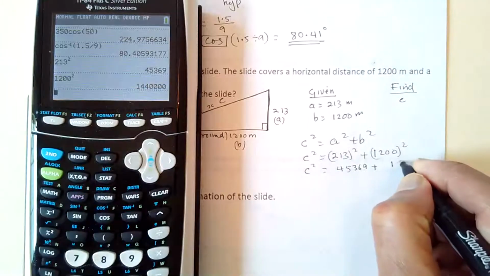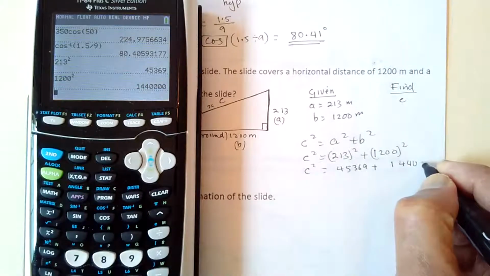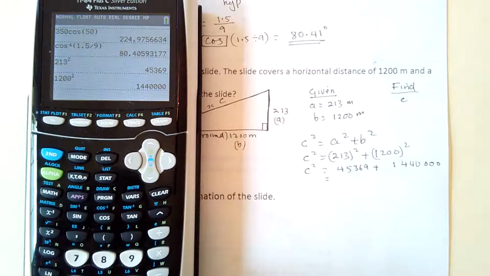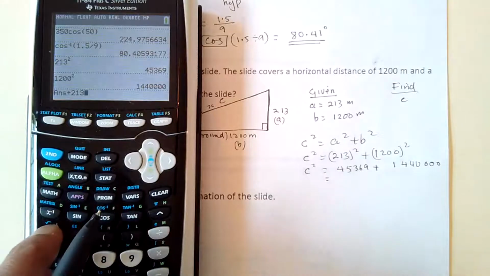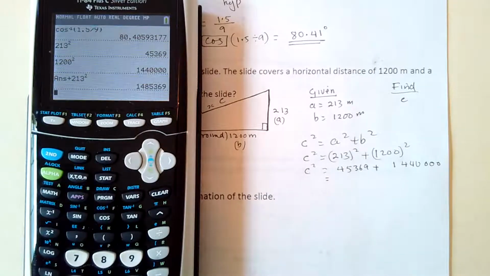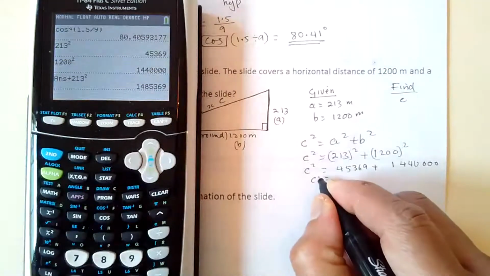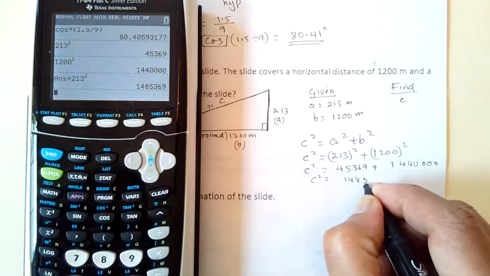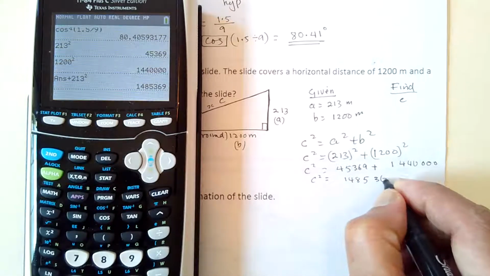Gives me 1,440,000. If I combine those two, I'll get a huge number, so C squared is equal to 1,485,369.